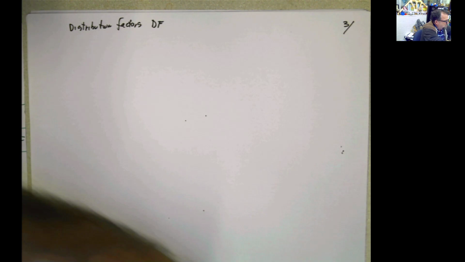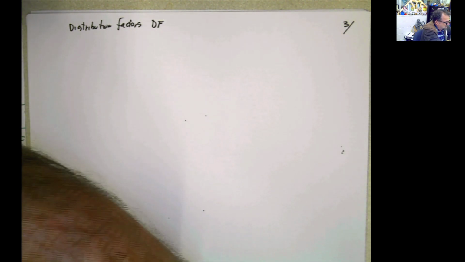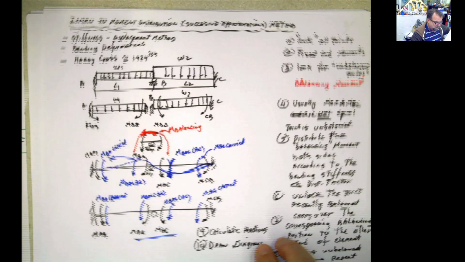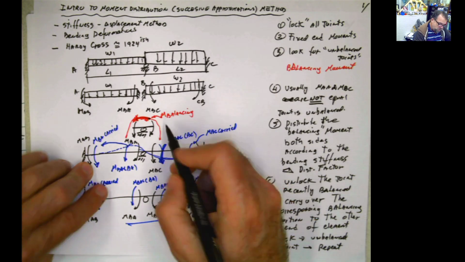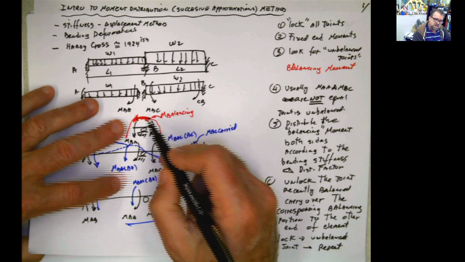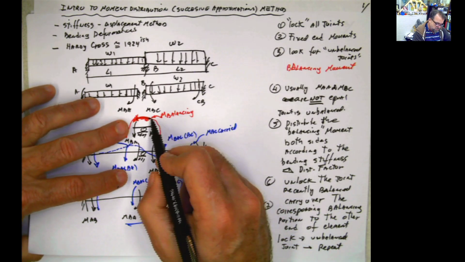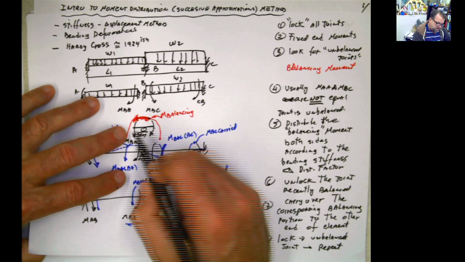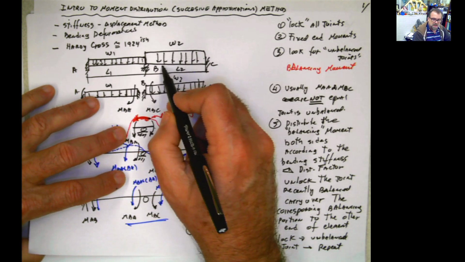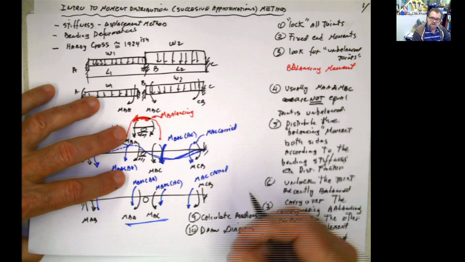Where is my definition? Here, distribution factors. When we were explaining this in the previous video, I was telling you, once you find this unbalancing moment, this balancing moment has to be distributed between these two elements. How are you going to distribute that?